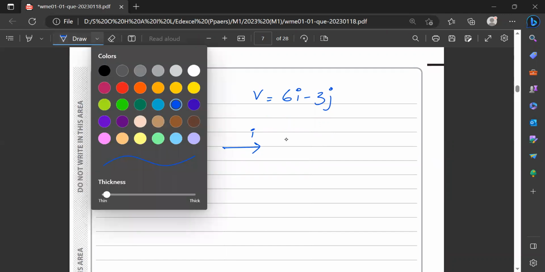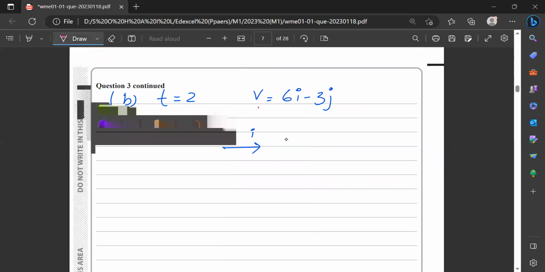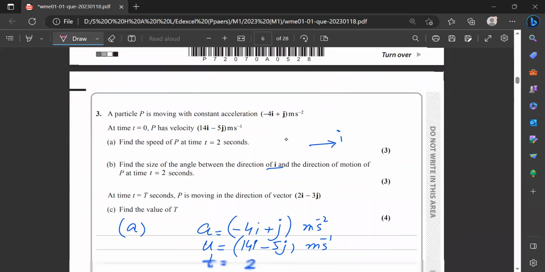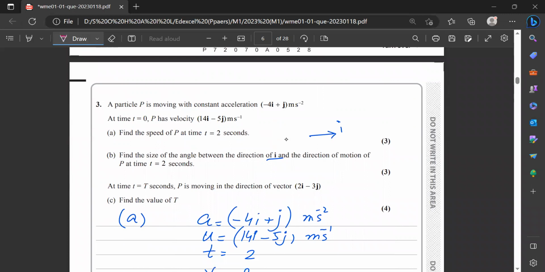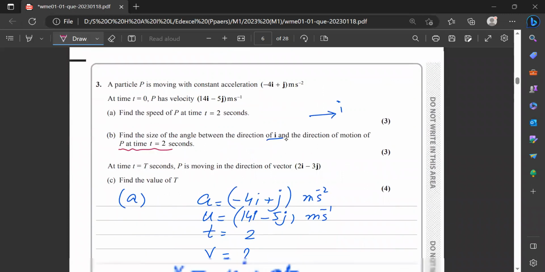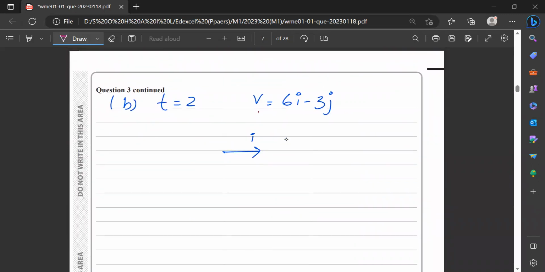Now I can find the size of the angle between i and the direction of motion of P. So the velocity is there, and I can complete a triangle. This is basically 6, minus 3. So move towards the right and downwards: right 6 and downward 3.